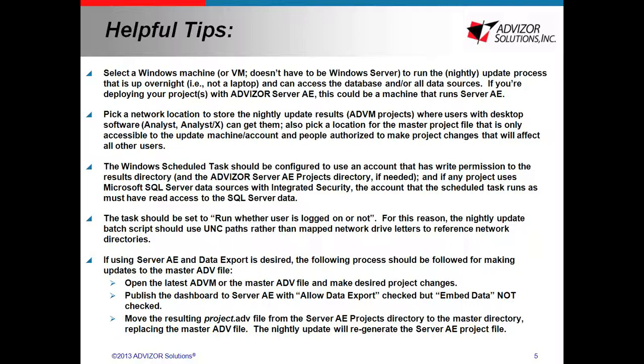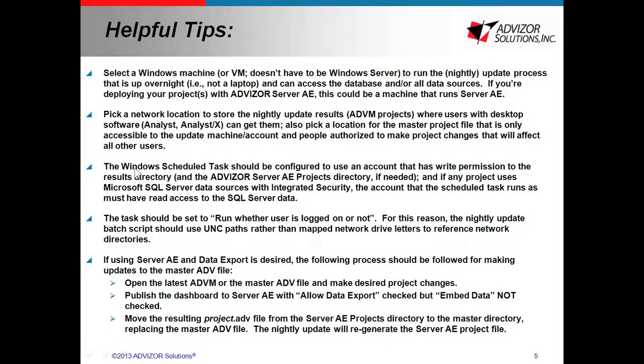If somebody wants to update the project and they just do, and the next morning everybody gets a project update, that's really hard for end users to deal with. So we strongly recommend that master file, that's the one that gets kicked off in that script, is in some place that only one or two or some very limited number of people can access, and there's change control around what happens to it.